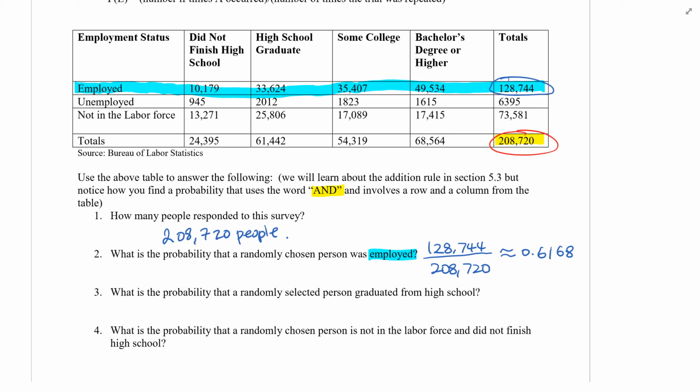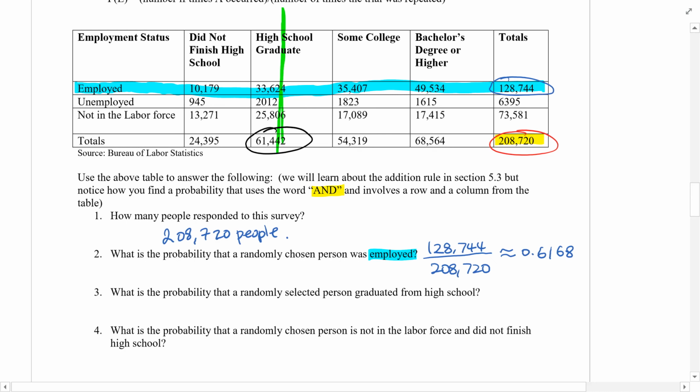All right, let's do the next one. What is the probability that a randomly chosen person graduated from high school? Okay, graduated from high school, that is the second column. Let me highlight it in a different color. So this column here. I'm looking for the column total in this case. The column total over the grand total. So 61,442 over 208,720.